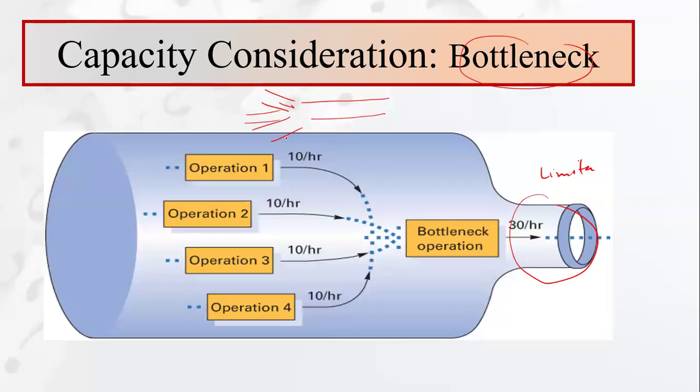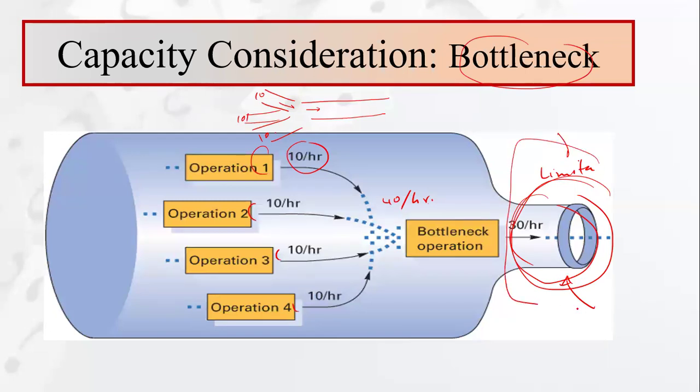One produces 10 per hour, and another 10 per hour, 10 per hour, so it's coming to 30 per hour. Do you agree with me? Or still, like 1, 2, 3, 4, it's coming to 40 per hour. But what is coming out of the bottleneck here? Can you tell me how much it is? 30 per hour. So the bottleneck is limiting the entire sequence of operations that you have before.